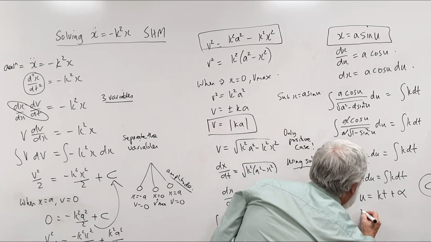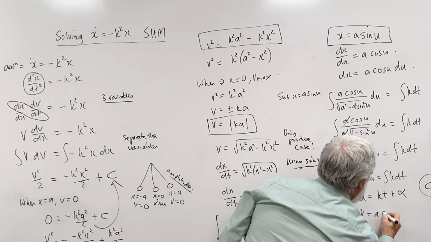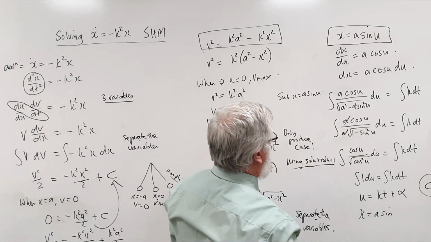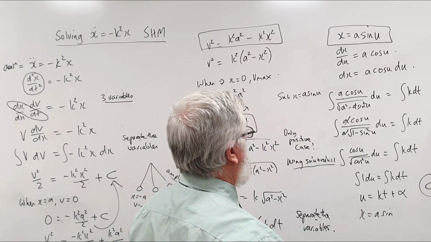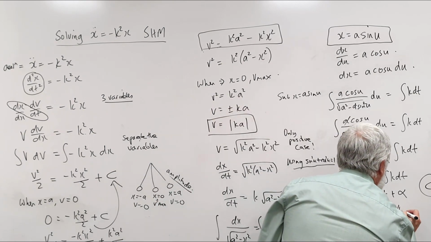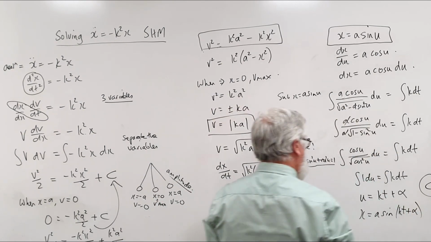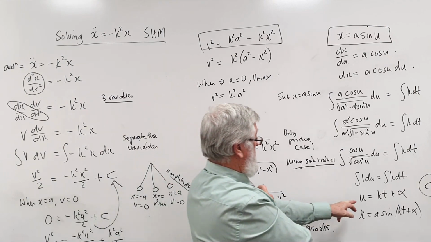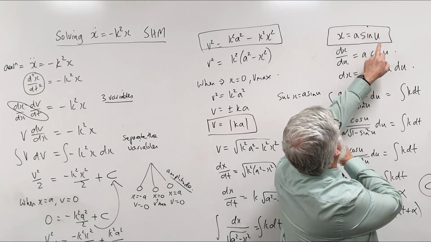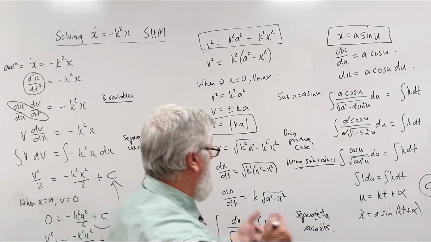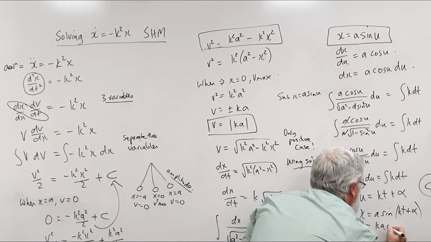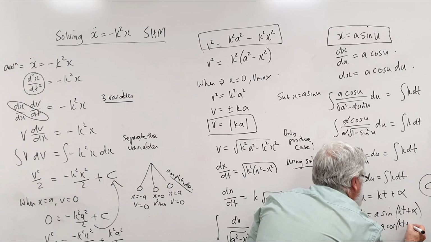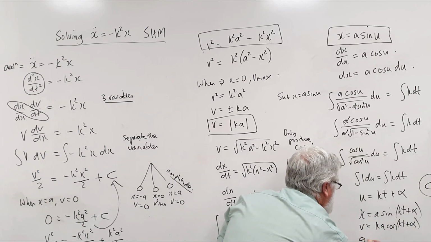So I've got x equals a sine kt plus alpha. Are we there? So all we had to do was go, that was u, I can replace that u up here. And of course, if you differentiate it, you get ka cos kt plus alpha.